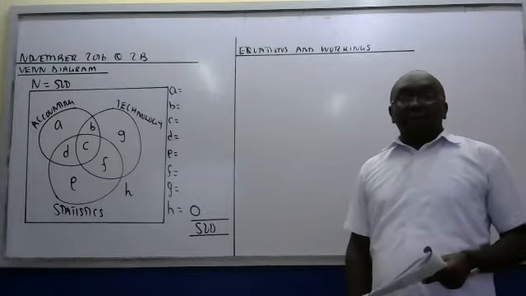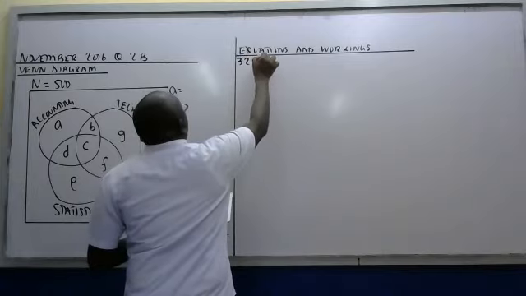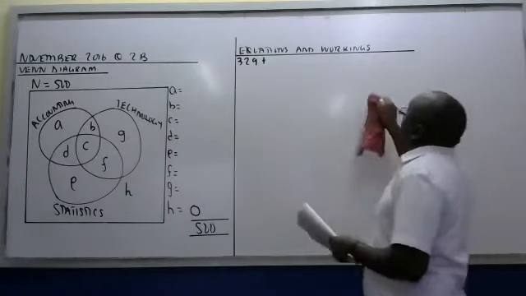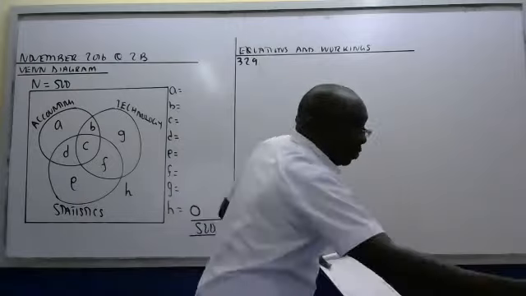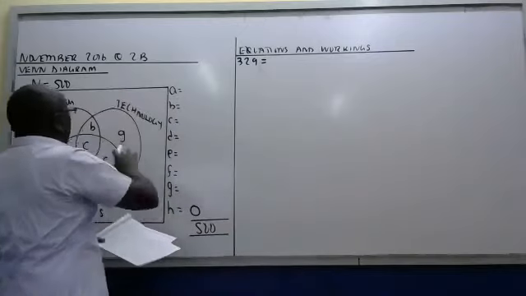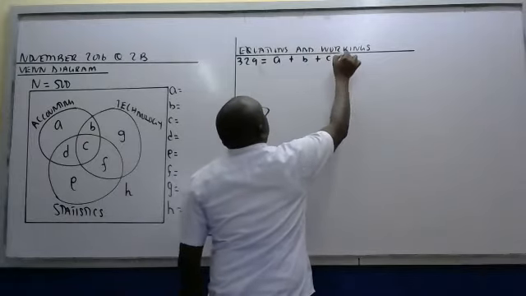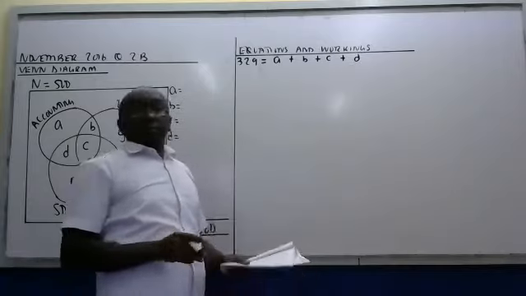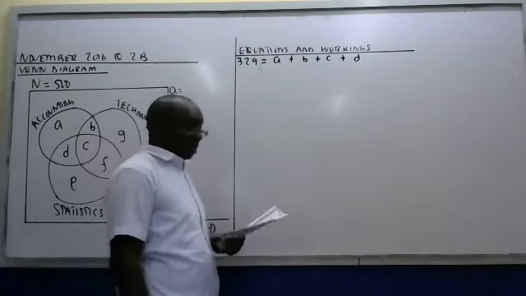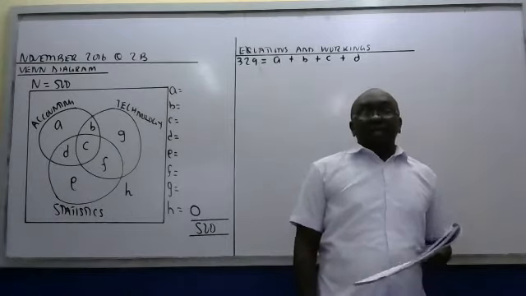329 were enrolled for accounting. So you say 329 should be equal to everyone who is in accounting, so A plus B plus C plus D. 186 were enrolled for IT.